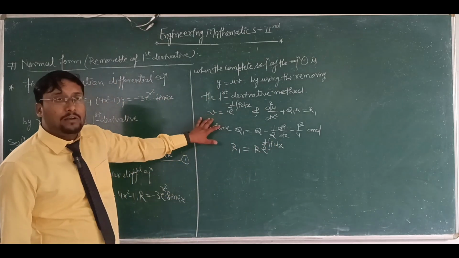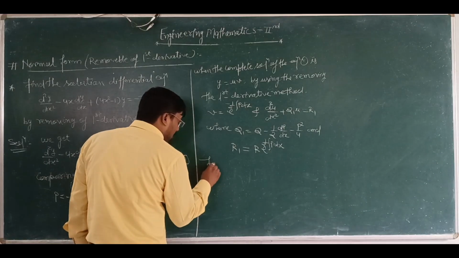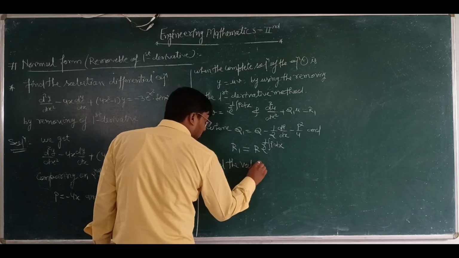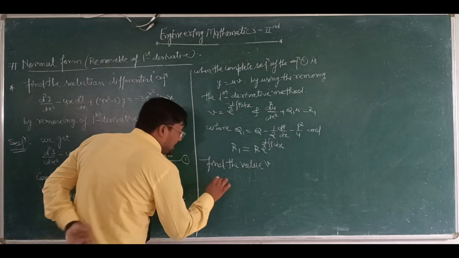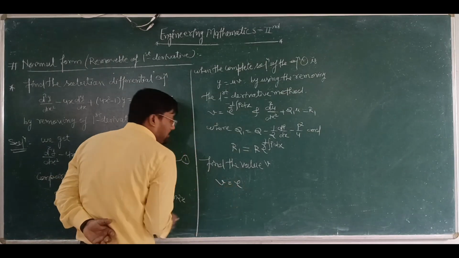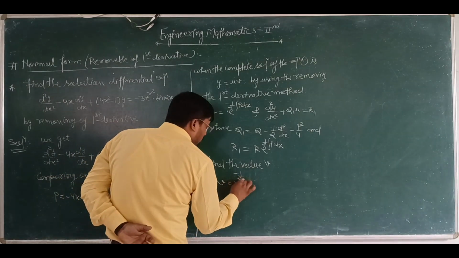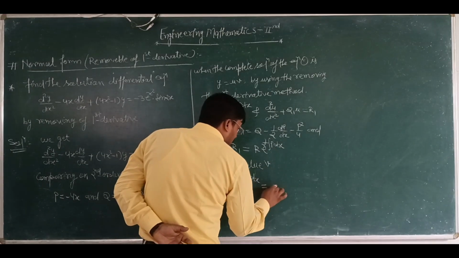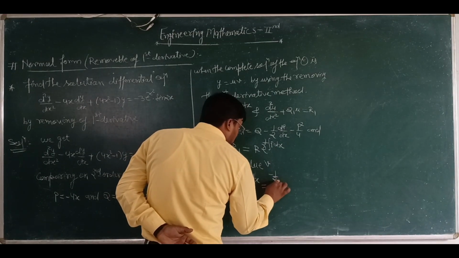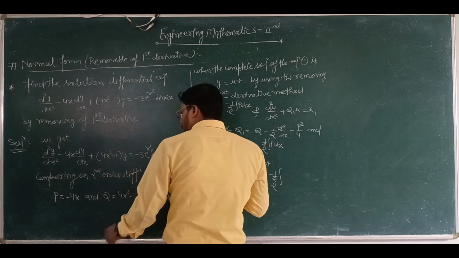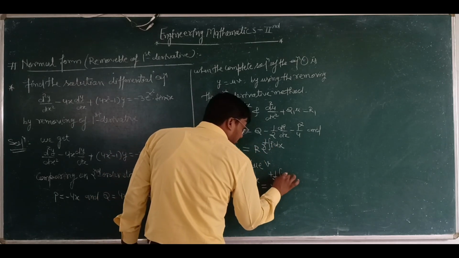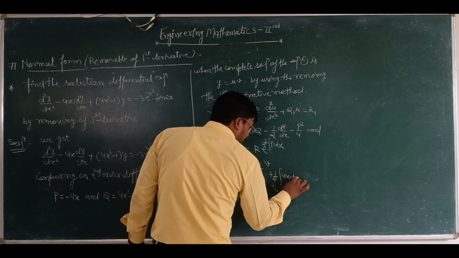First of all, find the value of v. Now you can write v is equal to e to the power minus 1 by 2 integration p into dx. Put the value of p, you can write e to the power minus 1 by 2 integration, put the value of p, this is equal to minus 4x, now you can write plus 4x dx.